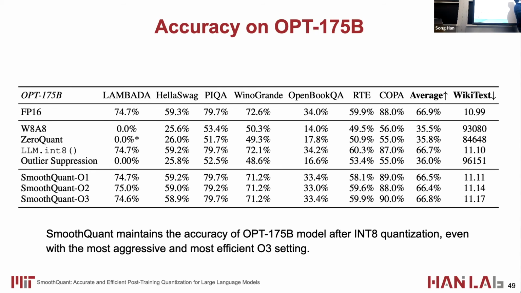This is overall accuracy amongst all different downstream tasks versus the weekly tasks, which is the lower the better. So that's why we didn't average the last column. So overall, the average accuracy is well maintained, even using this per-tensor static weight and activation quantization.